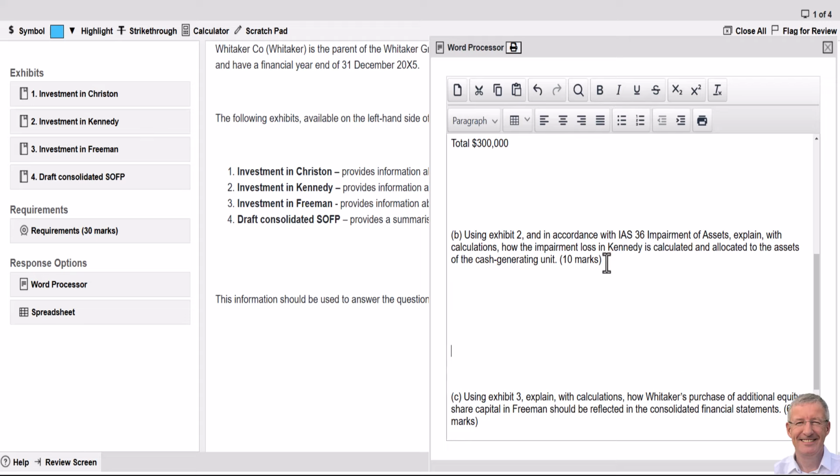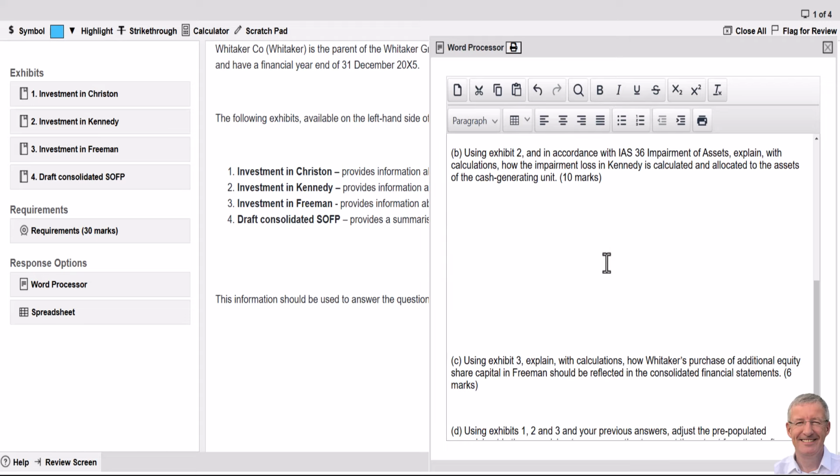And what part B is asking us to do is quite a few things, but it's all about impairment. We've got to explain, we've got to calculate, and we've got to allocate. We've got various things we're doing for 10 marks in respect of Kennedy.